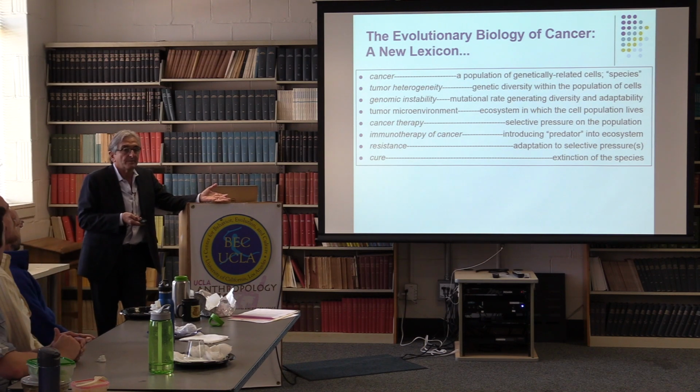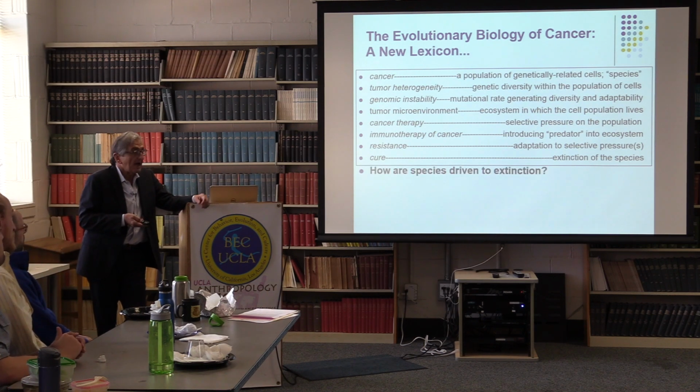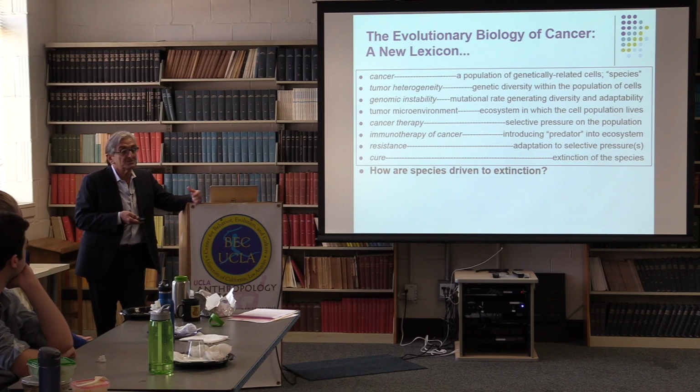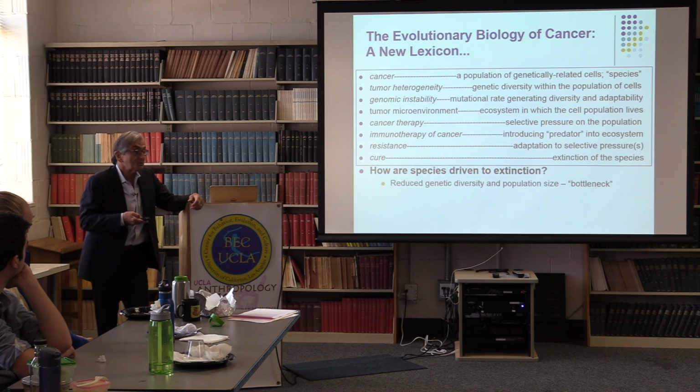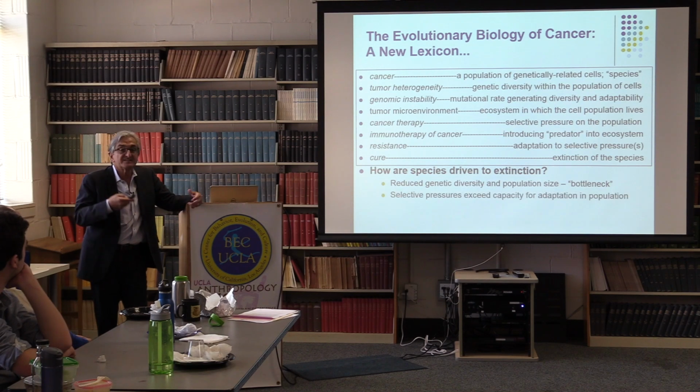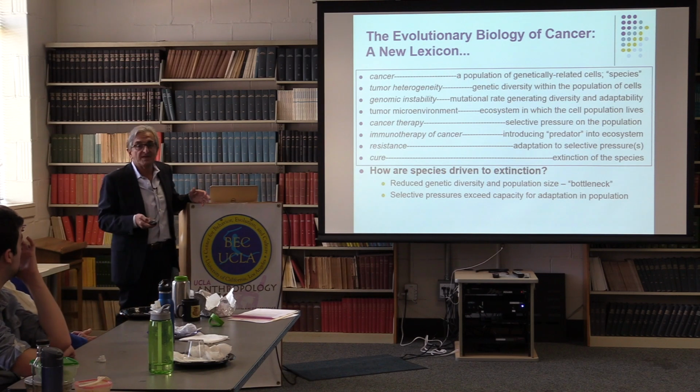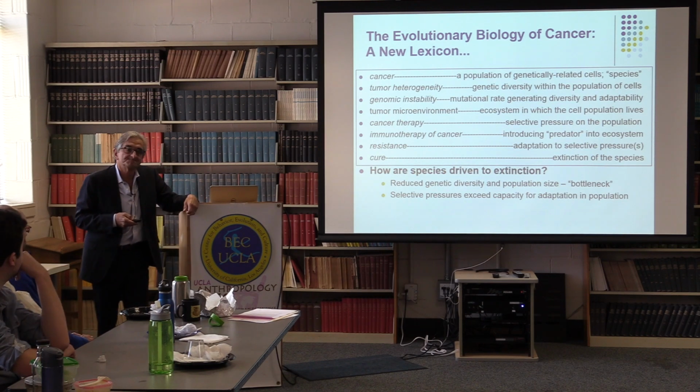And we know a lot about extinction. How are species driven to extinction? Virtually every species that's gone extinct throughout life history has had similar ingredients that led to that problem. Reduced genetic diversity, usually a bottleneck, and selective pressures that exceeded the adaptive capacity of that bottleneck population.